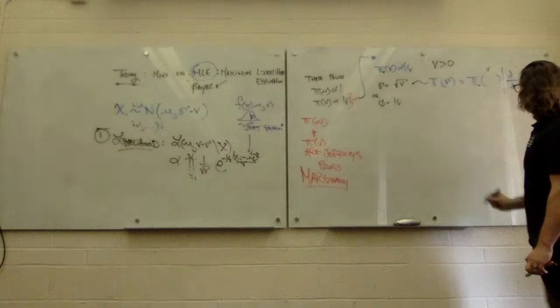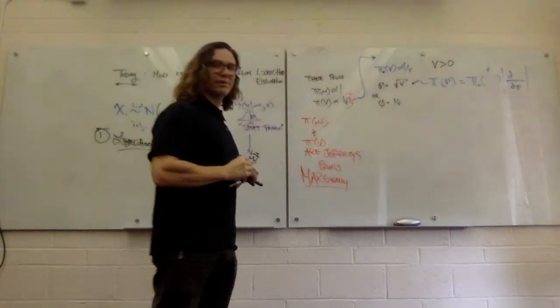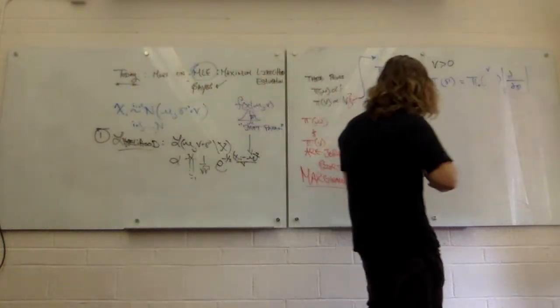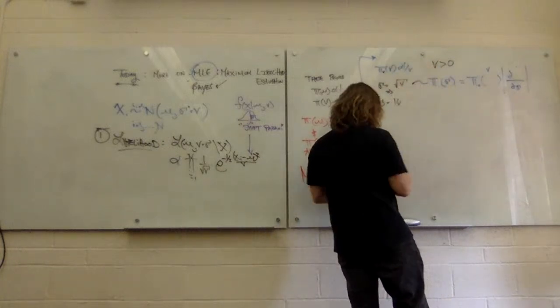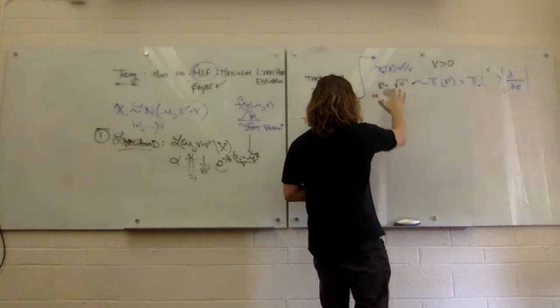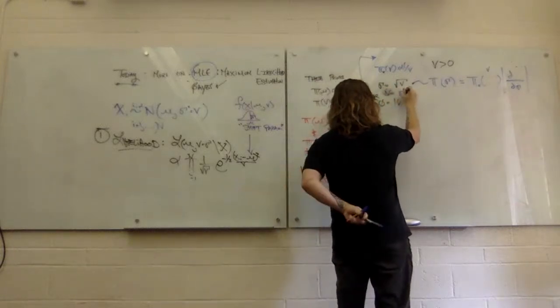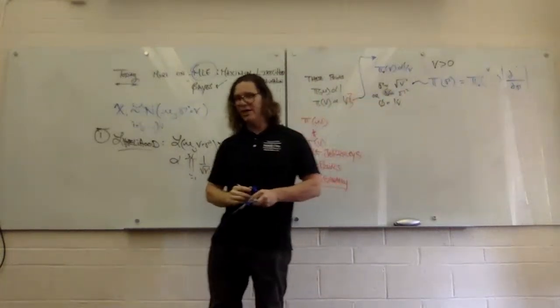I take the Jacobian over it. So this is how I transform a random variable. That's how I've always done it, how I'll continue to do it. So what's V? V right here is equal to sigma squared. I don't need to be too careful about the positive, negative signs on all of this.